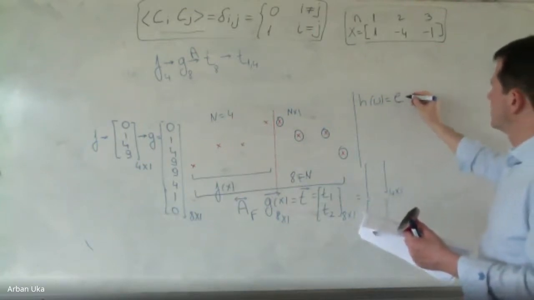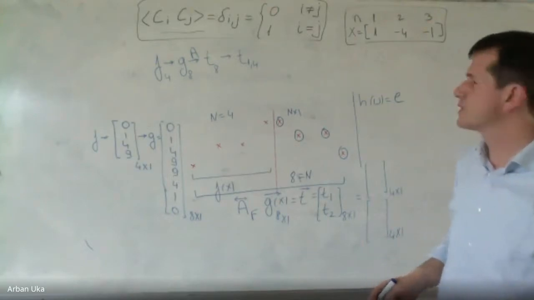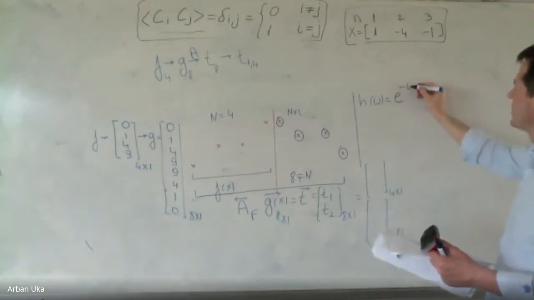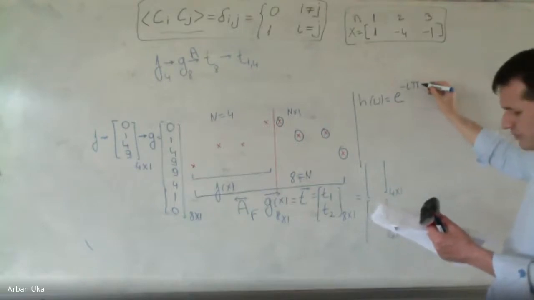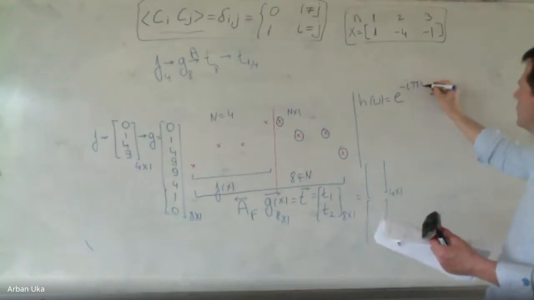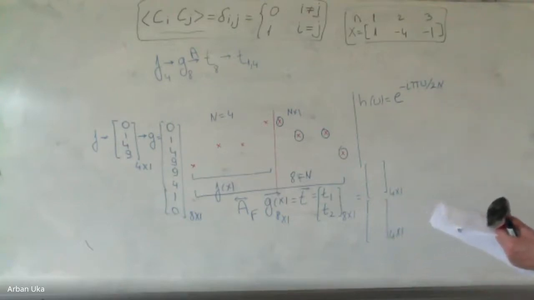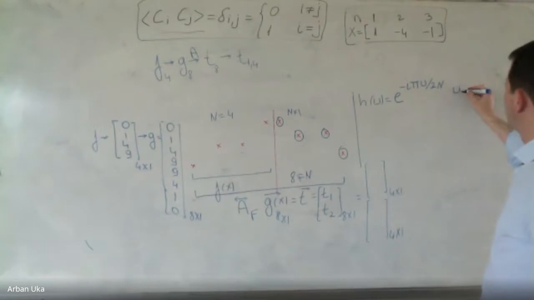Again, whether it is a sine transform, cosine transform, or Fourier transform, we are always going to see this exponential. We're always going to see this minus i, and we also have this pi. We multiply here by u, and we divide by 2n. Okay, so this is the kernel, and here the u has n values, which means we have 4 u's: u1, u2, u3, and u4.